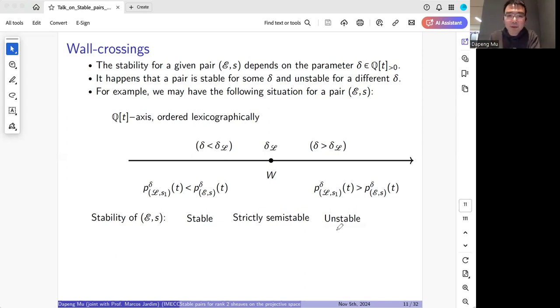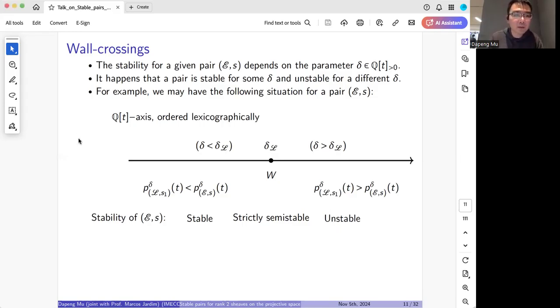When delta varies, say in this picture, from the place where it's stable to the place where it's unstable, it will pass some critical point, like this, which I denote by W. When delta is equal to W, this pair is strictly semistable. So this happens, and we call such a W a wall or a critical point.